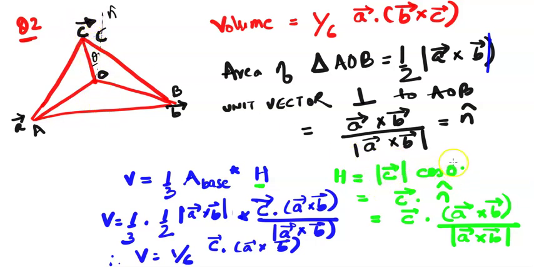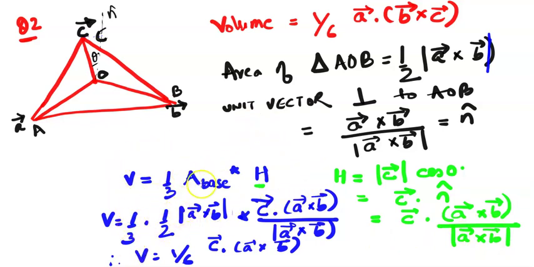If theta is the angle between the unit vector which is perpendicular to AOB and C vector, then the height is c cos theta, which can also be written as dot product of C vector and n vector. Now if we substitute n cap, we will get C dot A cross B over mod of A cross B.